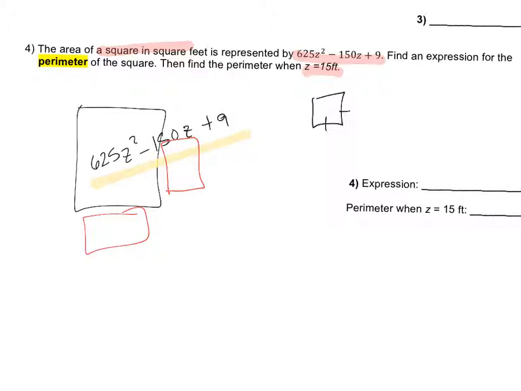How do I represent when some number is multiplied by itself? A square exponent, power of 2. So I know that it is something squared, correct? Or if I wanted to write it out, it's two things that multiplied to give me that 625z squared thing.